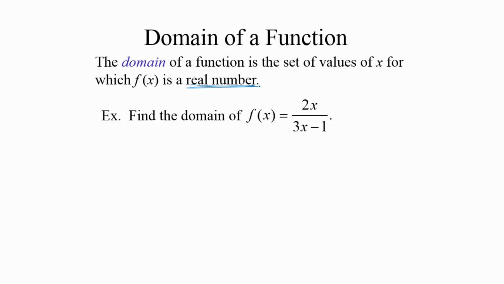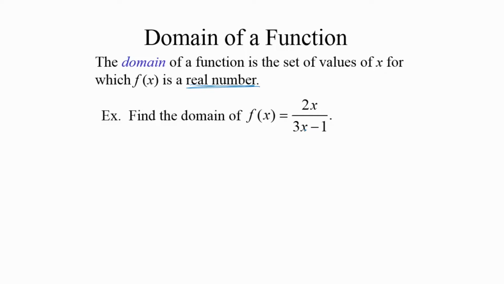Okay, find the domain of f of x equal to 2x divided by 3x minus 1. Again, as a rational expression, you have to be careful. Since you have 3x minus 1 in the denominator, if 3x minus 1 is equal to 0, that means something divided by 0, and anything divided by 0 is undefined.